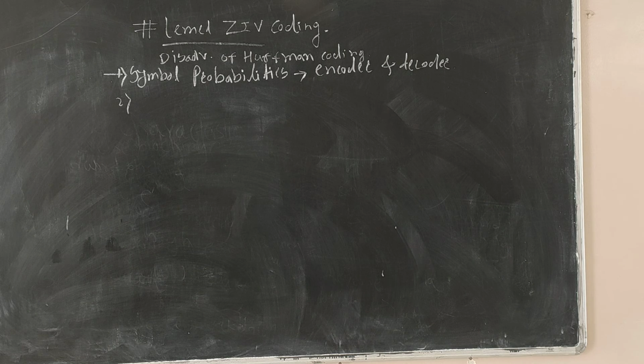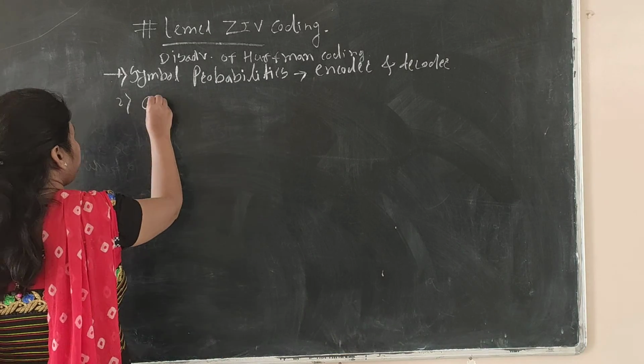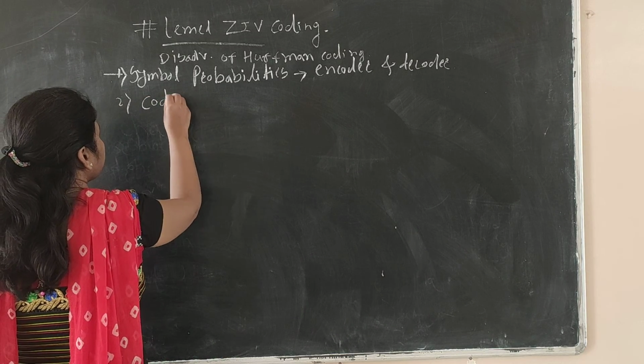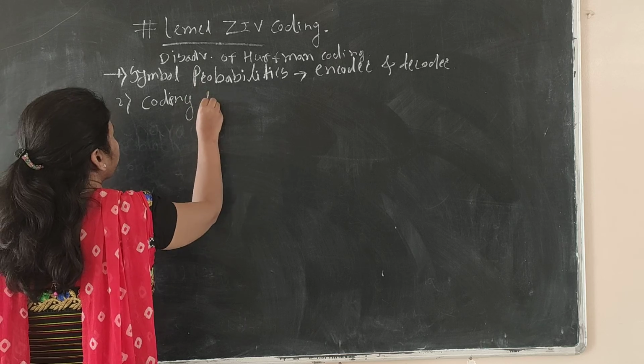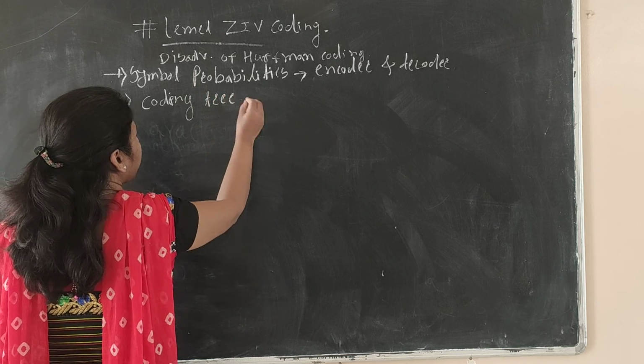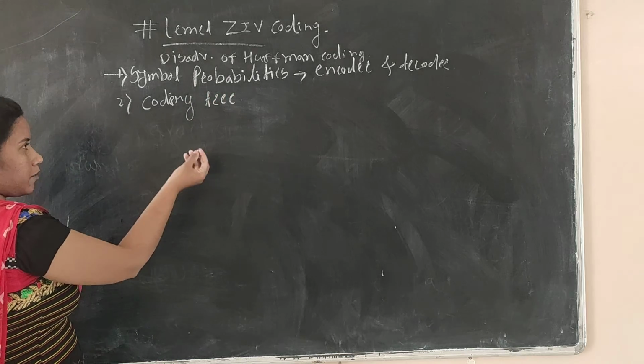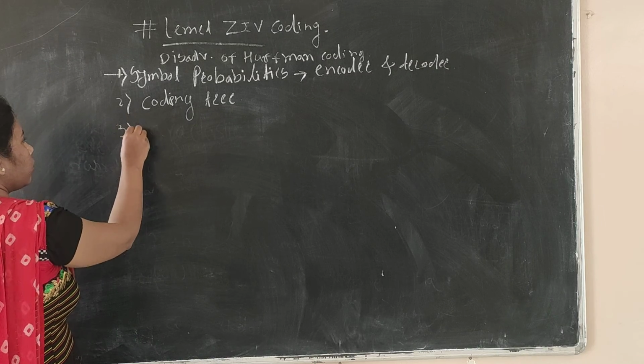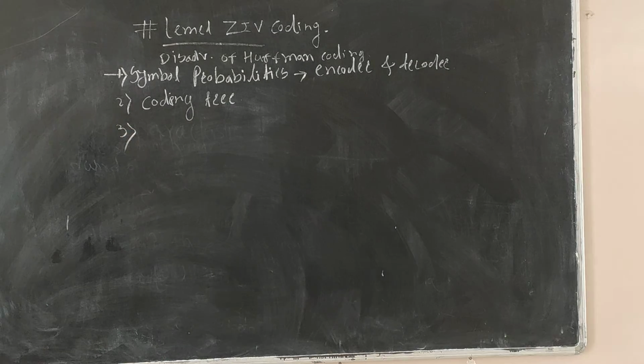Then the next disadvantage is that in the Huffman code, encoder and decoder must know the coding tree, at the receiver and the transmitter side also. Second disadvantage, regarding the coding tree.